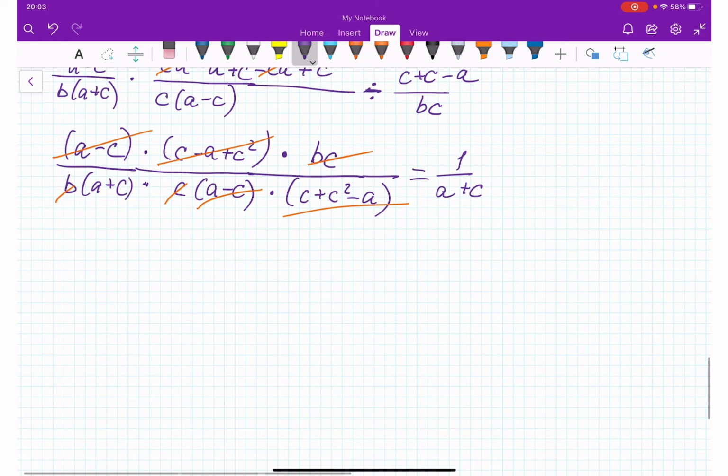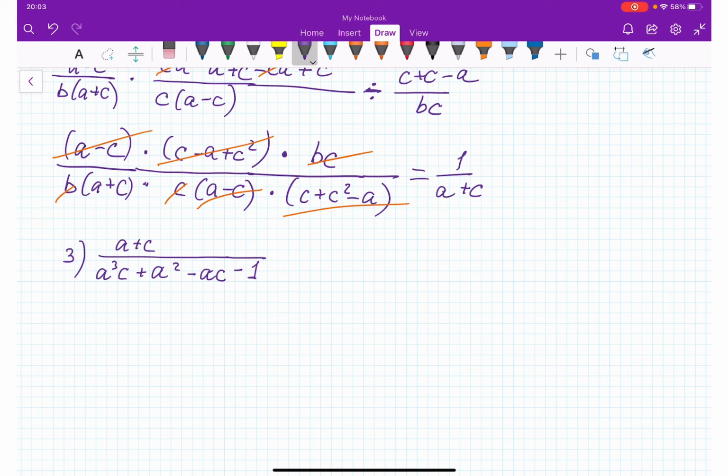Okay, let's solve number 3. What are we going to have? A plus c. And in denominator, a cubed c plus a squared minus ac minus 1 plus ac plus 1 minus a squared, divided by a plus c.